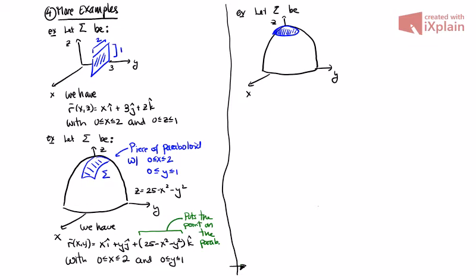Here sigma is the cap of this paraboloid, with radius 2. Just to be clear, what I mean by radius 2 is if you were to drop it down into the xy plane, you would get a radius 2 disk here. But this is sigma up here. This is just for reference.